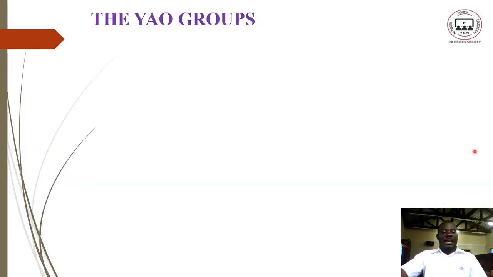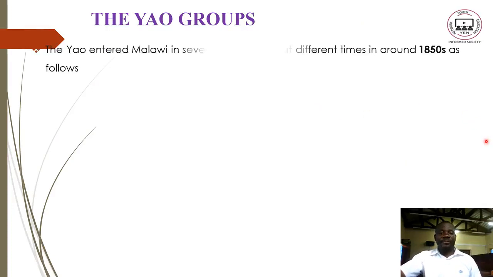Having looked at the factors for the migration of the Yao, now it's time to look at the Yao groups as they traveled. What were these groups of the Yao? So the Yao entered Malawi in several groups and at different times in around 1850s as they moved in different groups as they were settling also there in Mozambique.